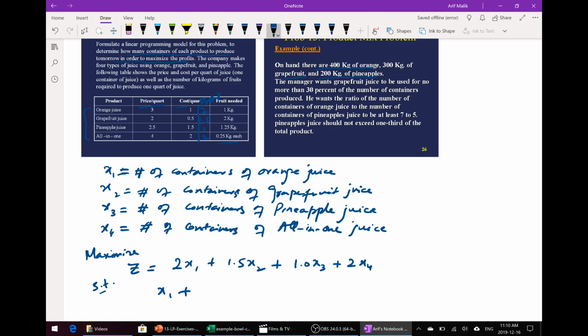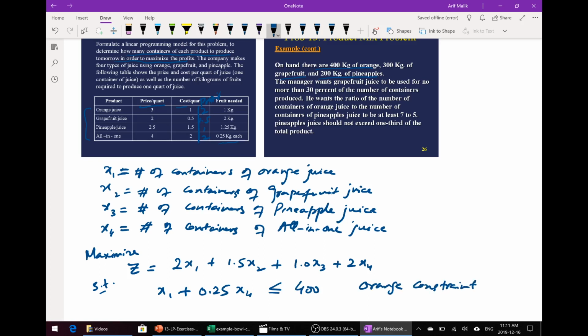So it is x1 plus 0.25x4, since 0.25 kilogram is used in making each x4 container. The total we have is 400 kilograms of orange.